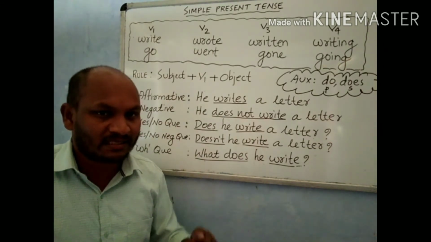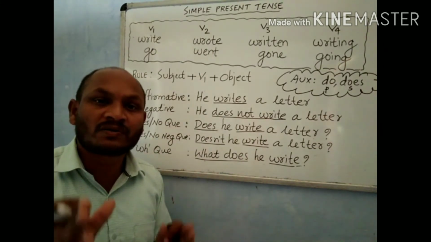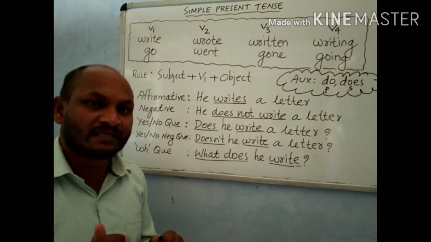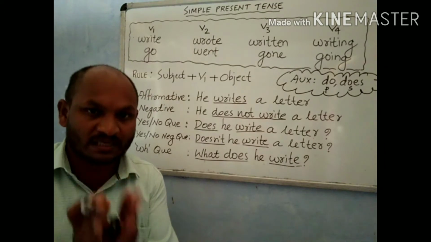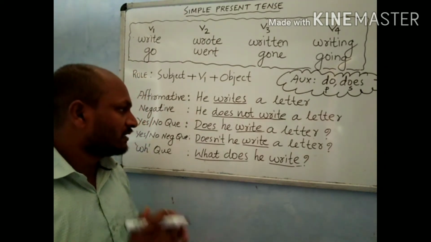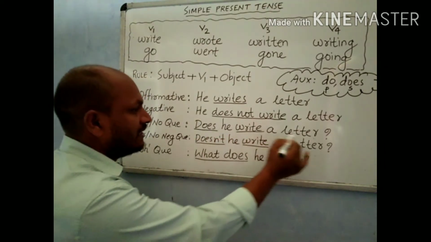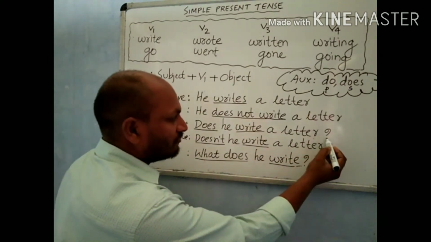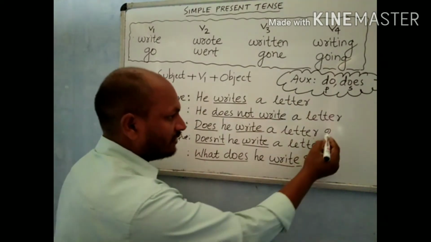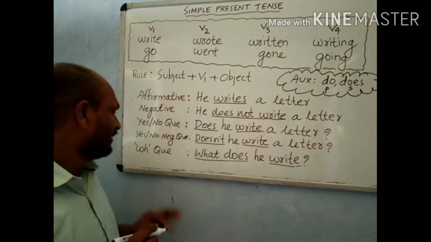A yes or no question always starts with either do or does, or another auxiliary verb. Does he write a letter? At the end of this question, as it is a question, a question mark should be there when we write.